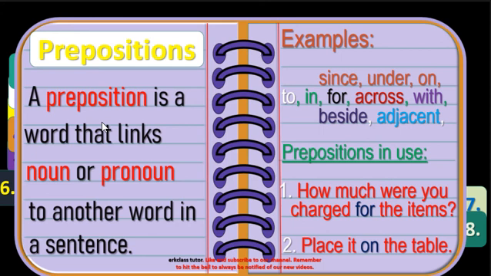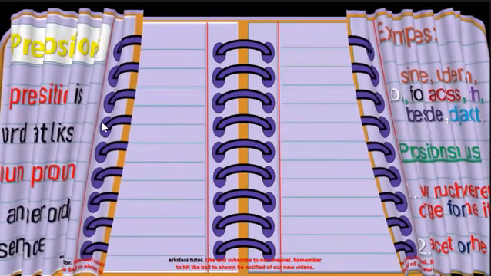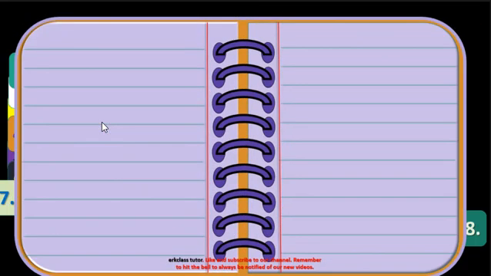Once more, a preposition is a word that links a noun or a pronoun to another word in a sentence or to the other part of the sentence. Our next group of the parts of speech are the conjunctions.